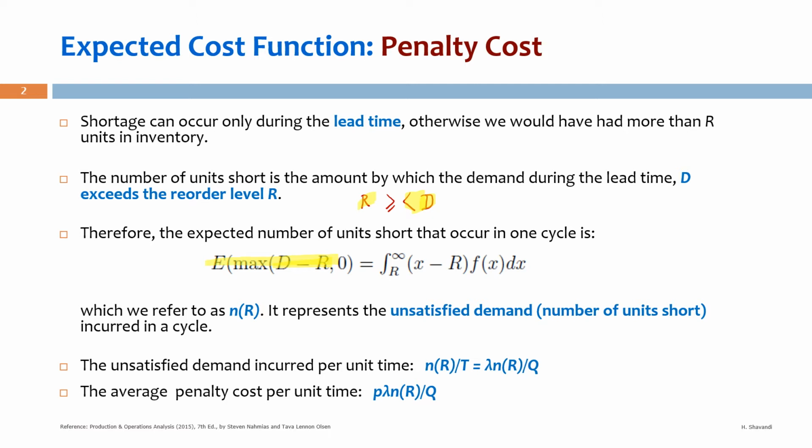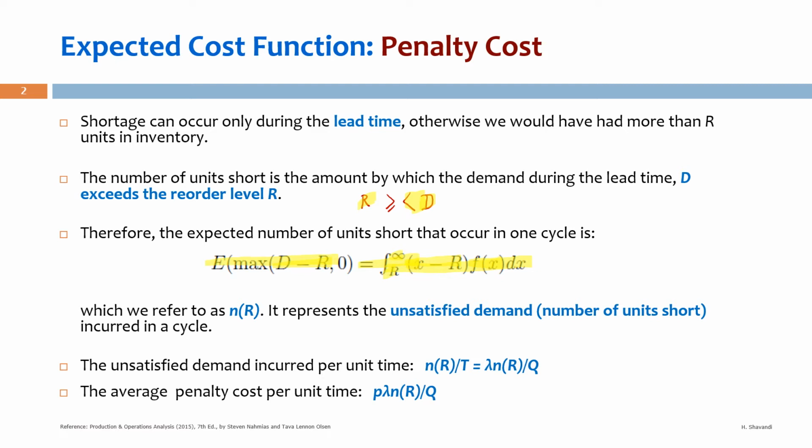Here we need to consider the values for demand during the lead time which are greater than R. As you see here, we consider X as demand during the lead time, and we consider just the values for X greater than or equal to R up to infinity, and then we multiply this term by the PDF and take the sum over the values, which will be the integral here. Then we obtain the expected number of units short.